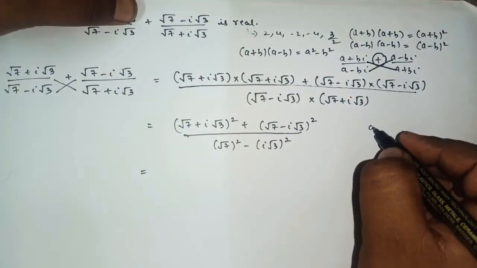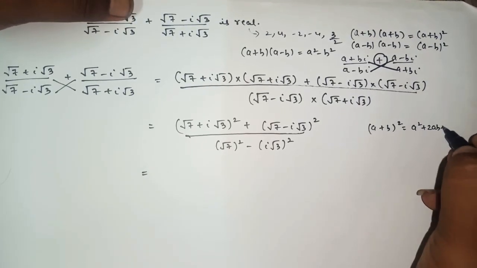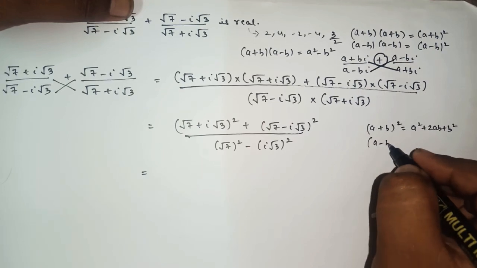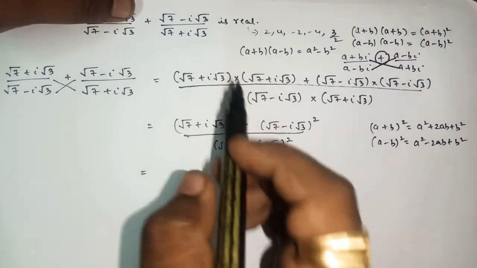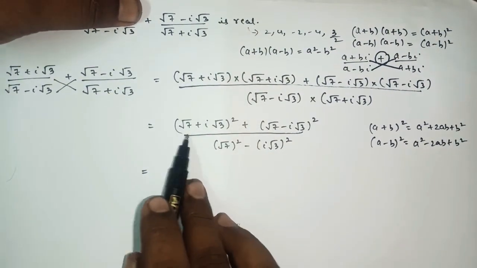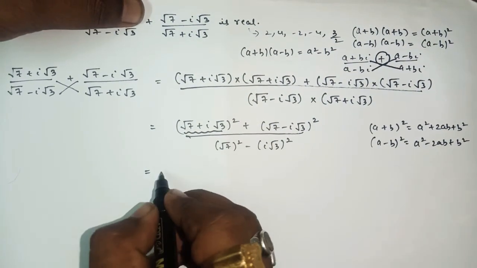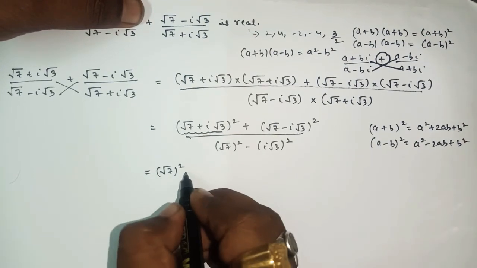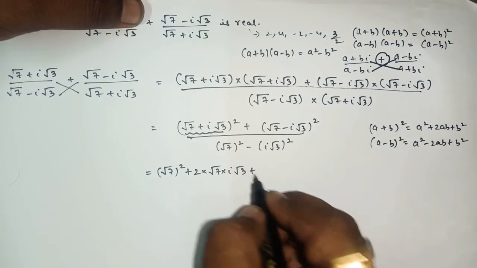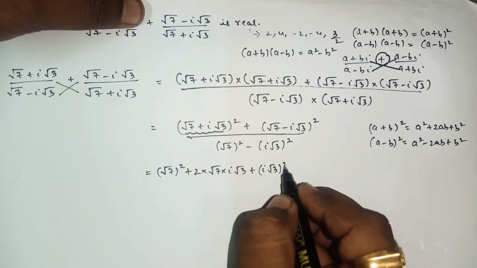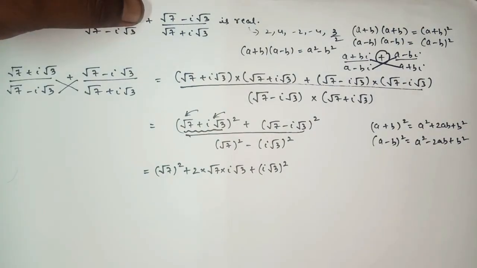We know that the a plus b the whole square formula is a square plus 2ab plus b square, and a minus b the whole square is a square minus 2ab plus b square. If you want you can bracket expand, or by using this method you can find your answer. Here we apply the formula a plus b the whole square: a square plus 2ab plus b square, where clearly a is replaced by root 7 and b is replaced by i root 3.